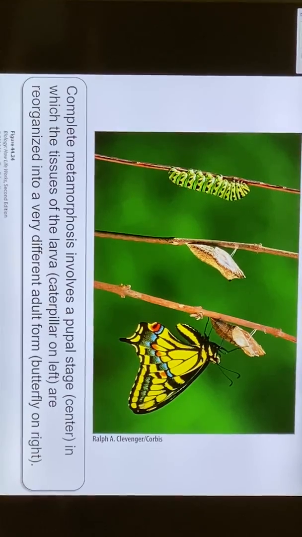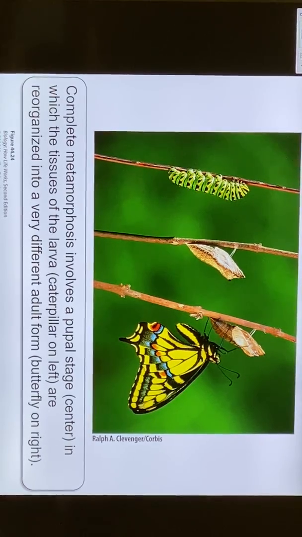So many of the insects undergo a complete metamorphosis, where they have one stage of their body plan that's optimized for feeding. So like the caterpillar. Caterpillars just crawl around and eat and eat and eat. And then they have another stage that's really there for reproduction and dispersal, the flying stage.